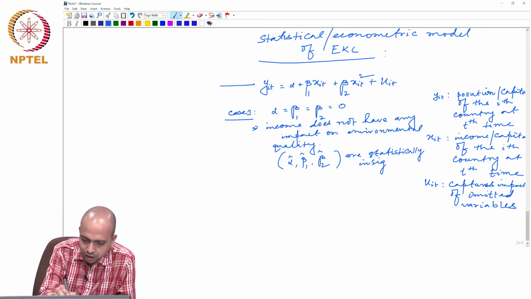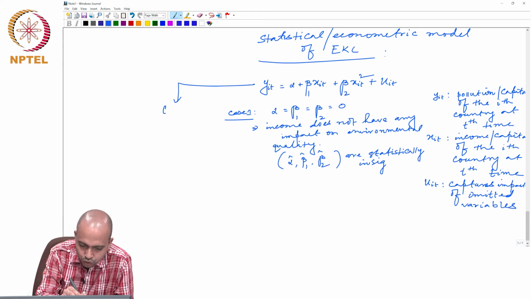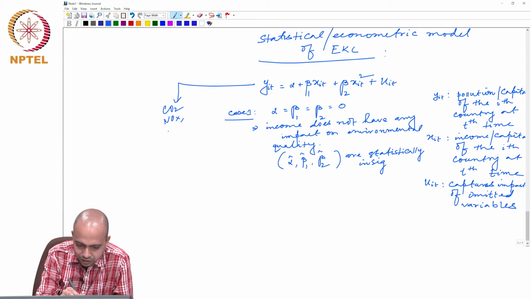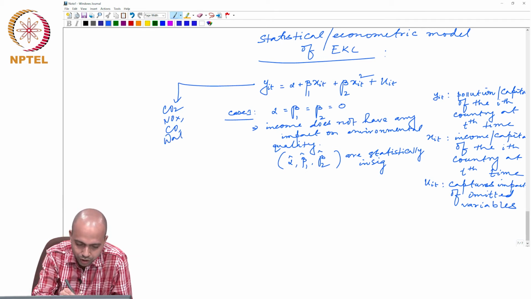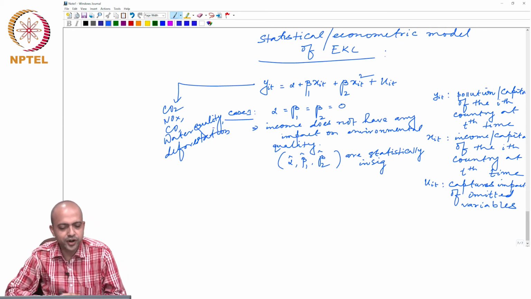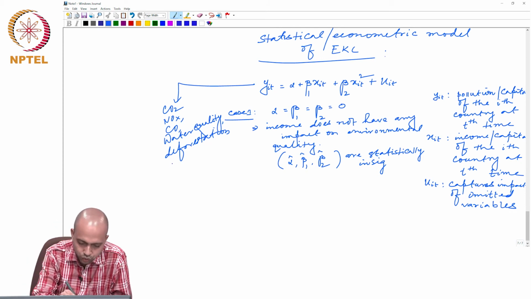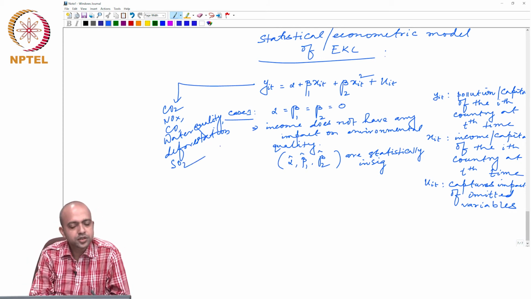And this emission can be CO2, NOx, CO, or some other indicator to denote environmental quality like water quality, deforestation, SO2, and several other factors.